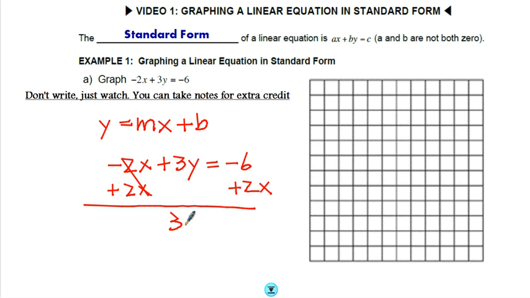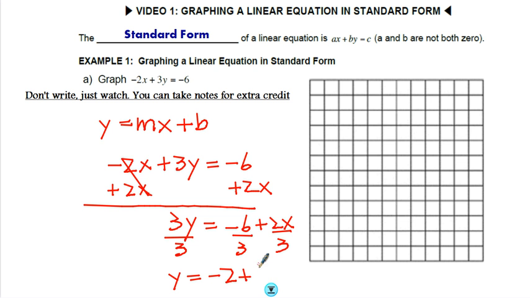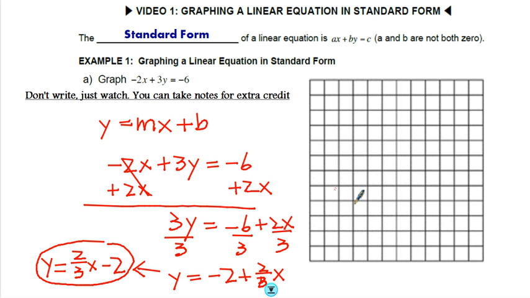You have 3y equals negative 6 plus 2x. Then you divide everything by 3, so y equals negative 2 plus 2 over 3x. You can switch the order: y equals 2 over 3x minus 2, which is in slope-intercept form. On the graph, you find the y-intercept and use the slope to find the next point.